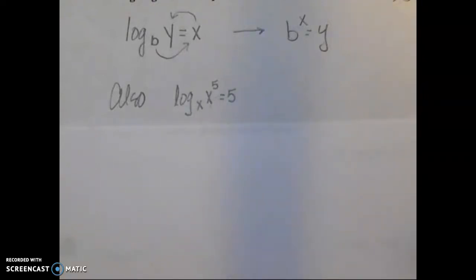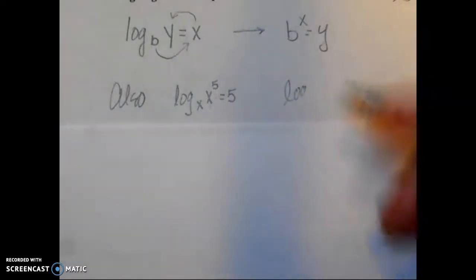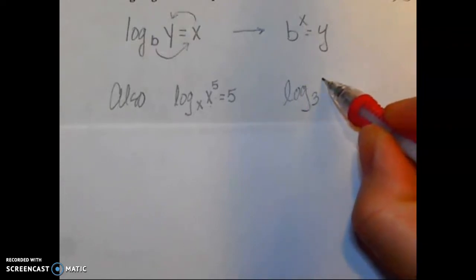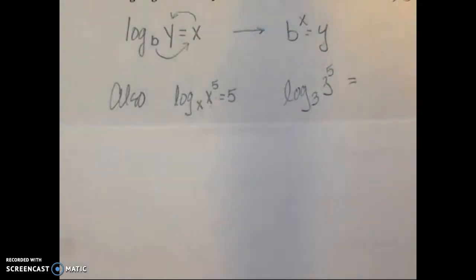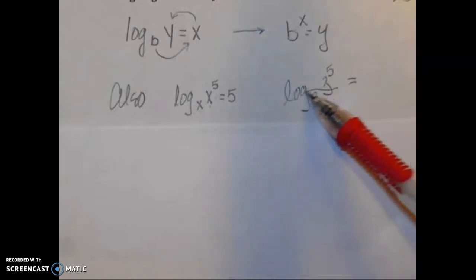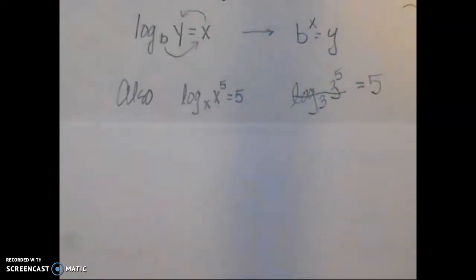For example, if I have log sub 3 of 3 to the 5th, the log sub 3 and the 3 will cancel, and you're left with just the exponent, which is 5. We're going to use that later, so that's another important concept.